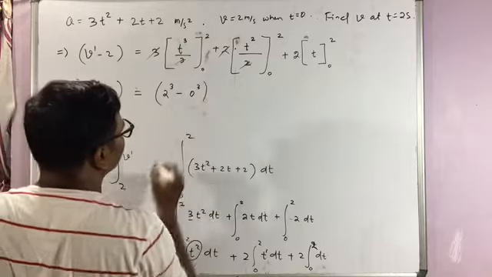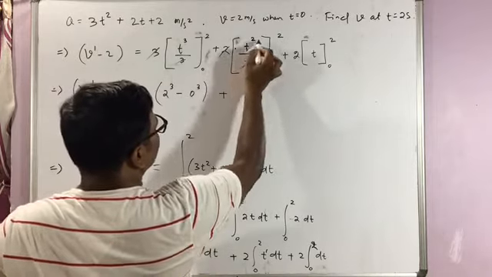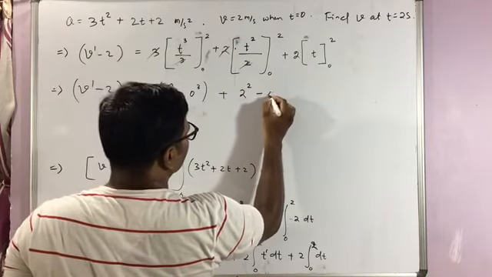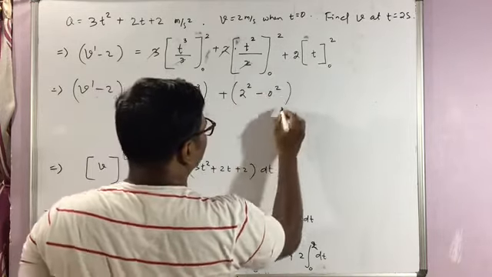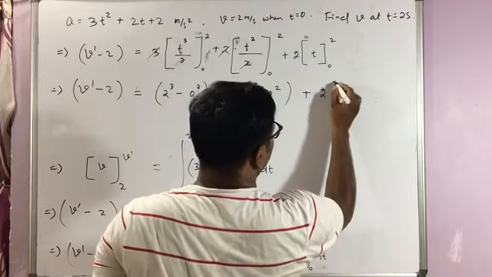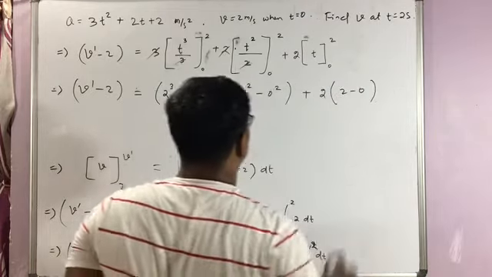The second term would be t square, upper limit square minus lower limit square, plus here it is 2 times upper limit minus lower limit.